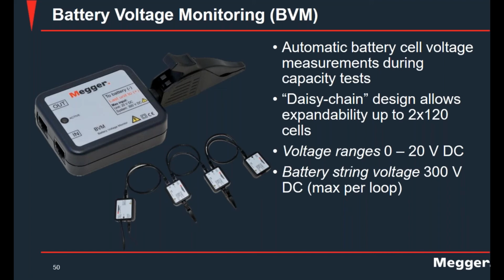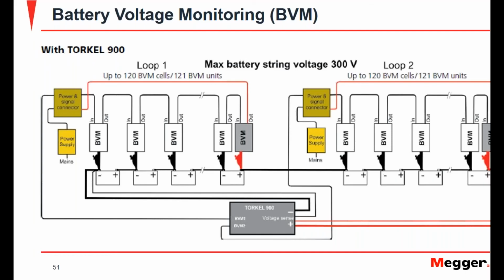And you can have two of those loops together. So in this case, you see that there are two sets of VVMs connected. This would be up to 240 cells, maximum 300 volts.